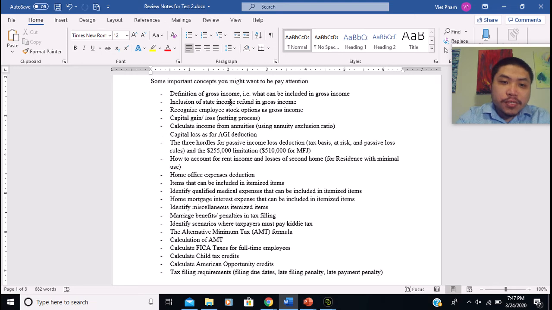And the second item is inclusion of state income refund in gross income. We talked about this a little bit in chapter 5.